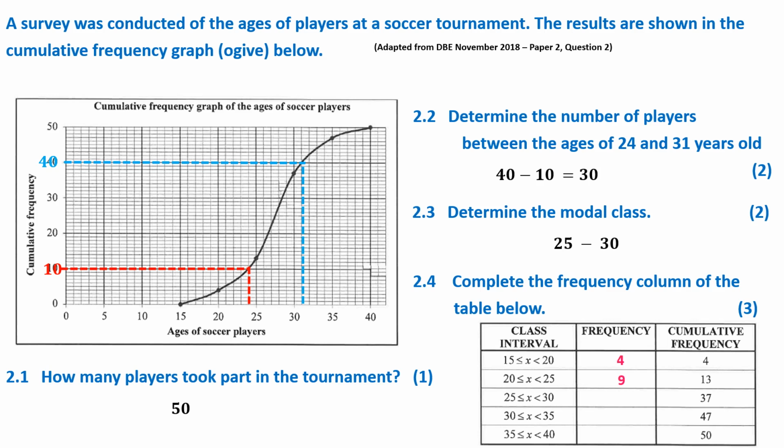So obviously I would have to add 4 to get 4, and then 4 plus 9 will give me 13, 13 plus 24 will give me 37, 37 plus 10 will give me 47, and 47 plus 3 will give you 50. And a further question here is they could ask you to then sketch a histogram, which is also some important revision. So make sure you look at some other graphs that they could expect you to draw from this data.